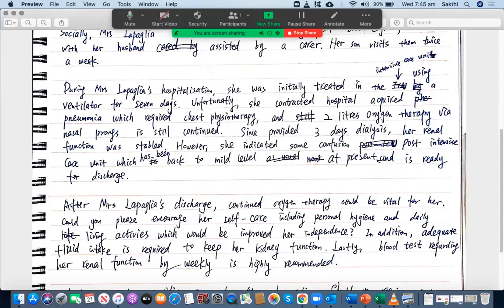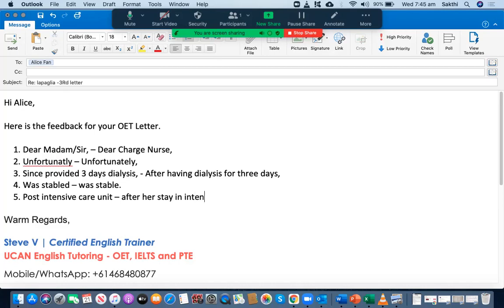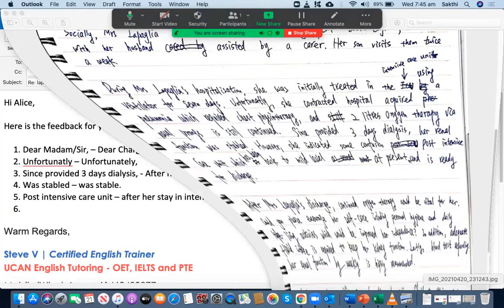Okay, so however, she indicated some confusion post intensive care unit. Instead of writing post intensive care unit, what you could have done is after her stay in intensive care unit. Okay, that could have been much better. All right, let's go through the next one.